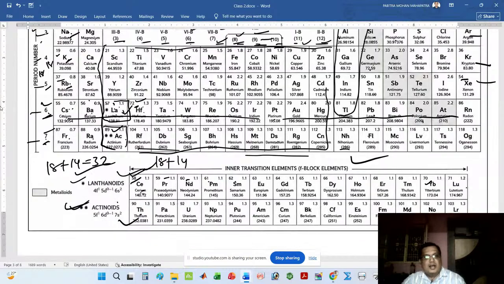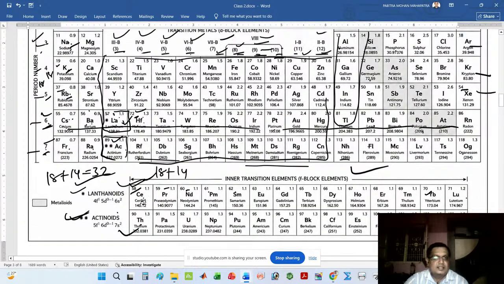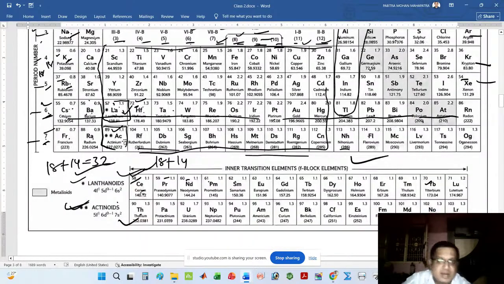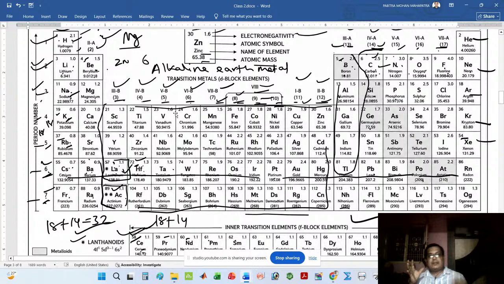At the bottom, both the lanthanide series and the actinide series are present in the third group. Suppose I ask which period is the longest period? The answer is the sixth and seventh period.